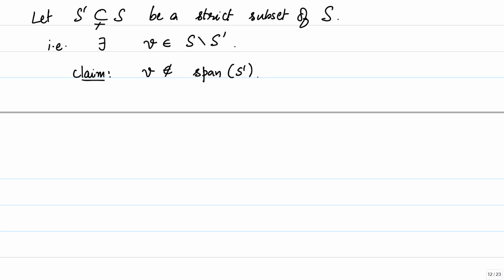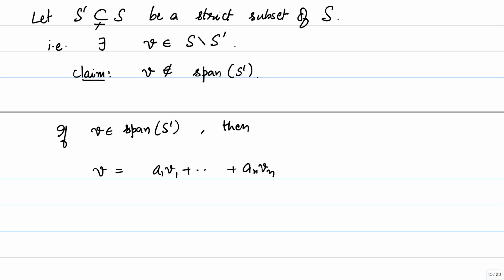Let us prove this statement by contradiction. If V belongs to span of S prime, then V will be equal to something like A1 V1 plus A2 V2 plus up to AN Vn, which is a typical element of the span. Every element of span of S prime should be of this type, where V1 to Vn belong to S prime and A1 to AN are scalars, real numbers.